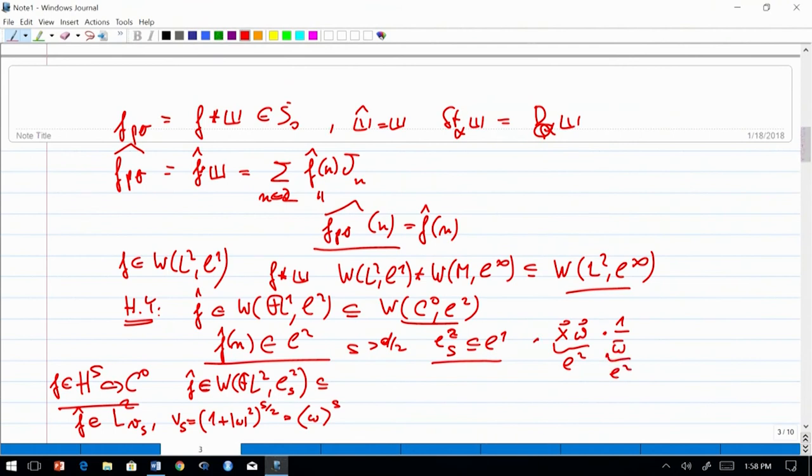Then I can say, oh yes, X is artificially written as a weighted version of X multiplied with the inverse of the weight, a product of two L2 functions which be in L1. So this happens exactly if you have this condition. So this is the condition that helps me to say now I am inside, yeah, actually I can leave out the F, inside L2, L1, and therefore going back with the inverse Fourier transform, I have HS is inside W C0 L2.